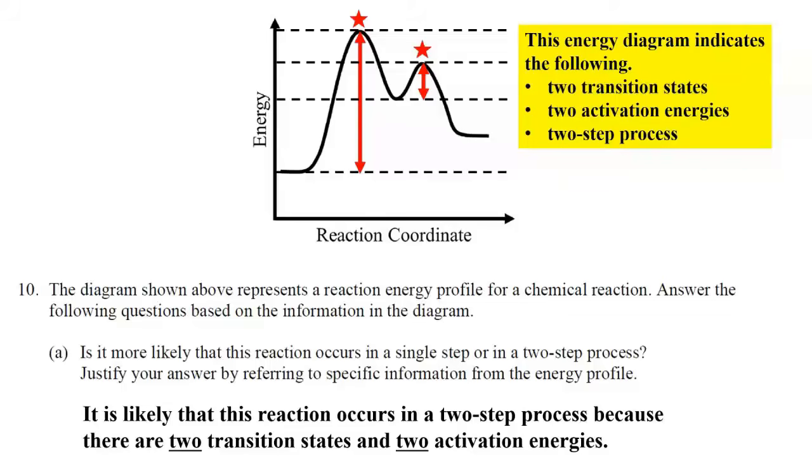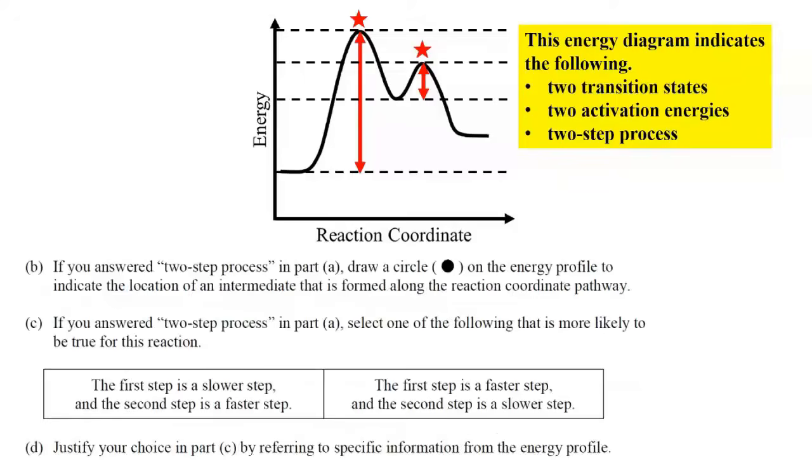All right, here's the next part of question 10. If you answered two-step process in part A, which we did, draw a circle on the energy profile to indicate the location of an intermediate that is formed along the reaction coordinate pathway. Now, you've heard that word intermediate before.